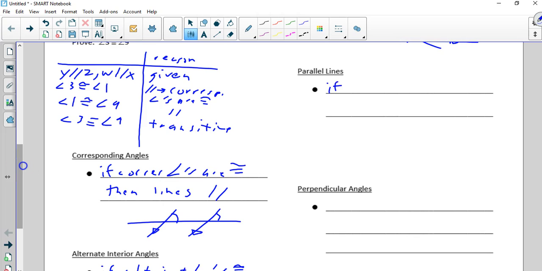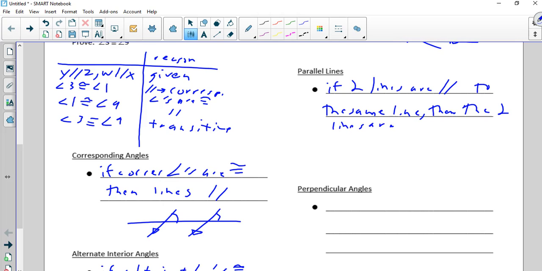Here's a new one. If two lines are parallel to the same line, then the two lines are parallel to each other. Kind of a transitive property.